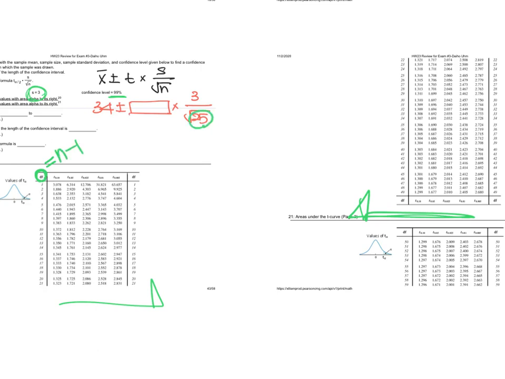So the n was 25, so degree of freedom will be 25 minus 1. That will be 24. So we have to go to the degree of freedom 24, right? Yeah, here's a 24. So we have to choose one of them from the line with the degree of freedom 24, which was n-1. And now is another one. It depends on the confidence level again.